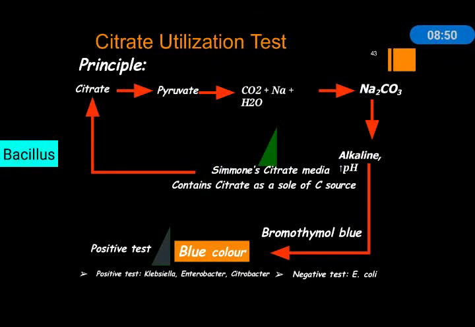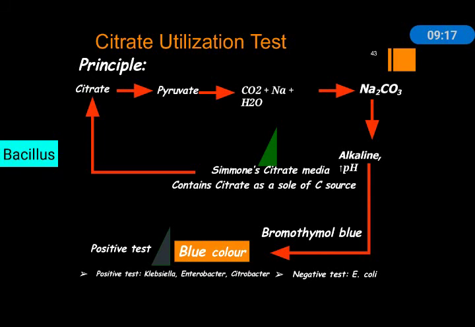Citrate utilization test is very important for us, because citrate is the source of carbon, and in this medium we cannot add any other type of carbon source. The only carbon present is in the citrate.